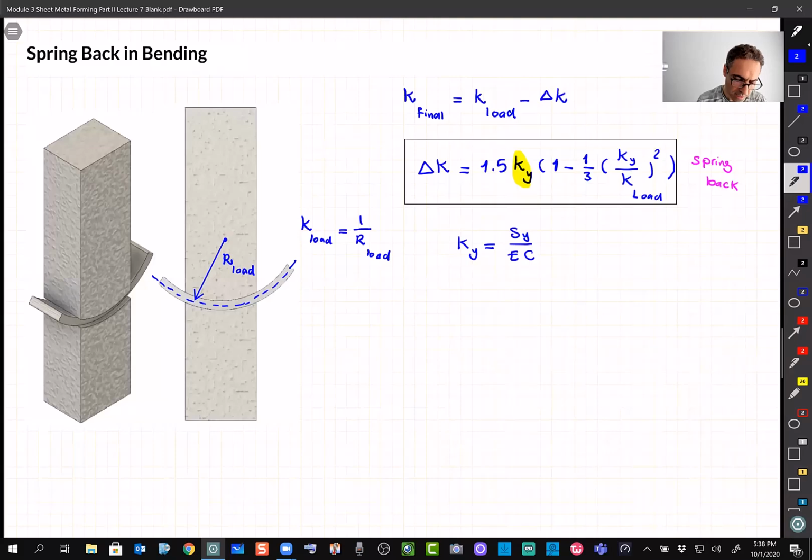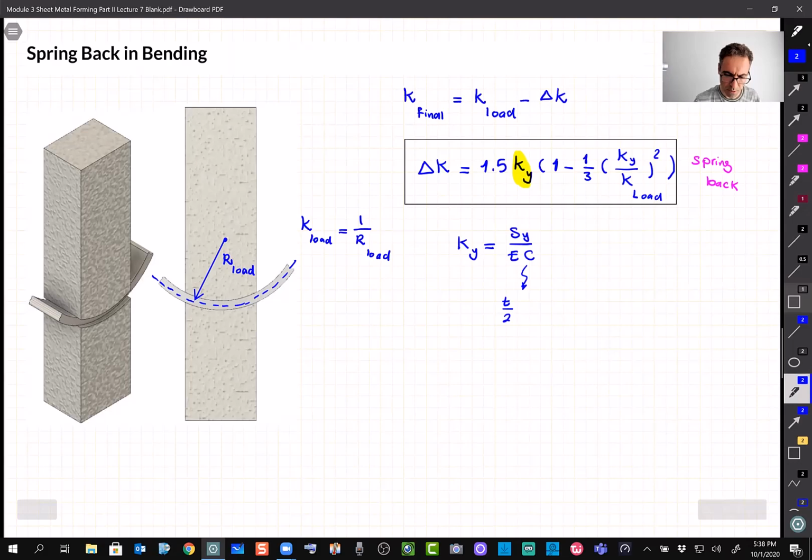What is C? C is half of the thickness, T divided by 2. All right, now let's stop here and see if you have any questions. If not, then I'll try to solve one example, so we'll see how we can use this formula in an example.